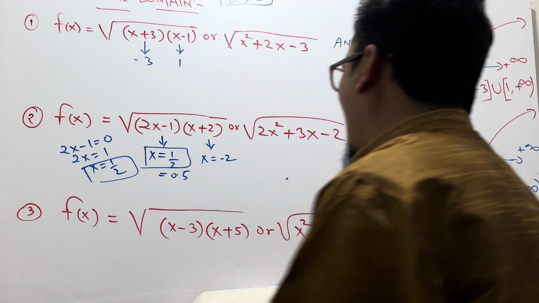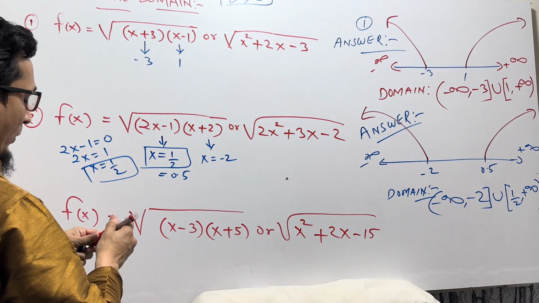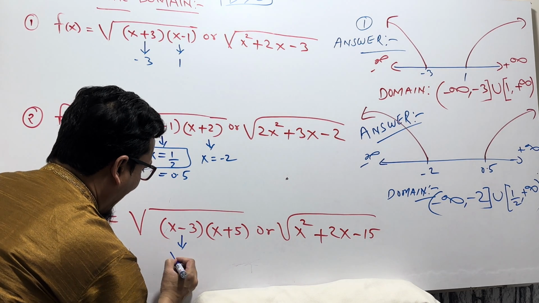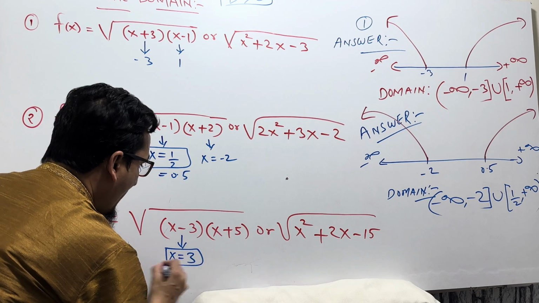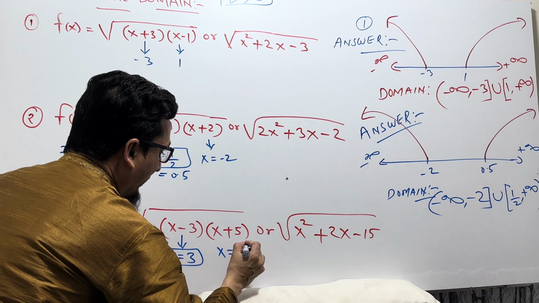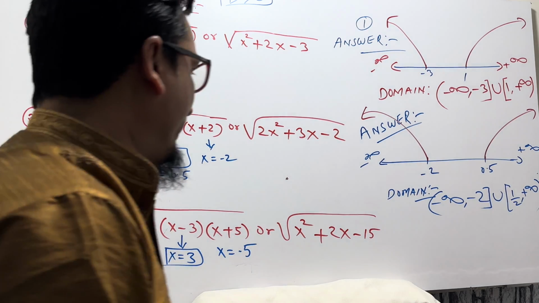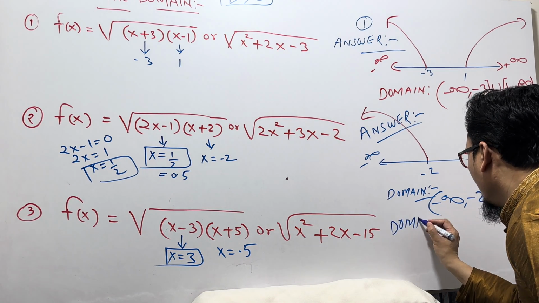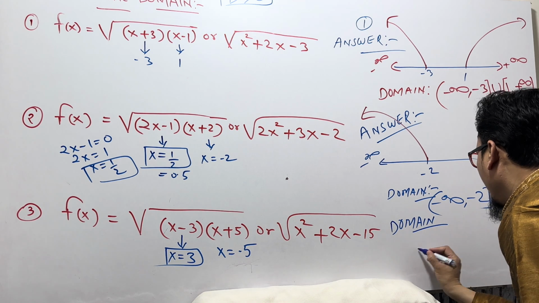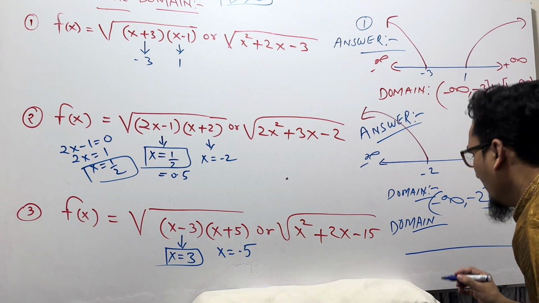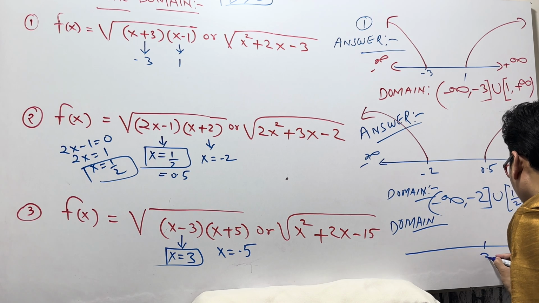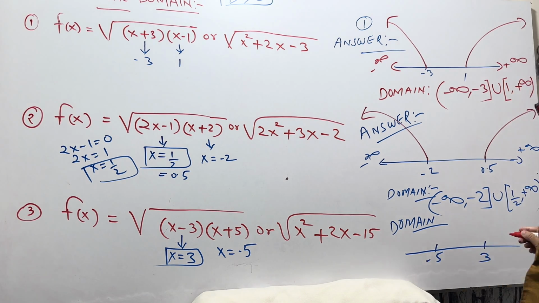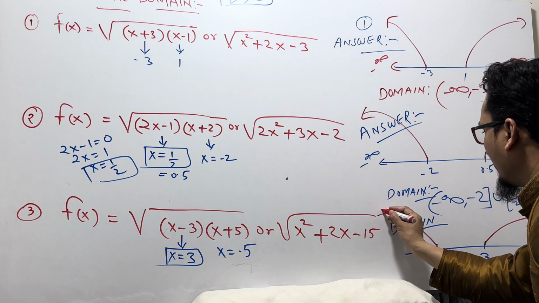In the same way, the last question we are going to solve here. What are the zeros? In the last question, you can see here x is equal to 3, and here x is equal to minus 5. And I'm going to find out the domain here. You can see, right? This is a real line. 3 will be here. Minus 5 must be here. And then draw a line this side and this side.